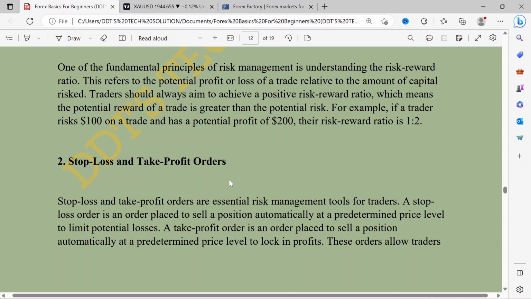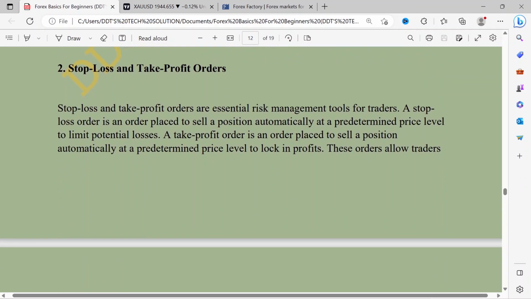Also using stop loss and take profit. Stop loss and take profit help us a lot.